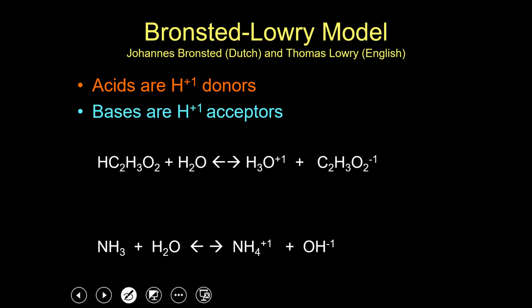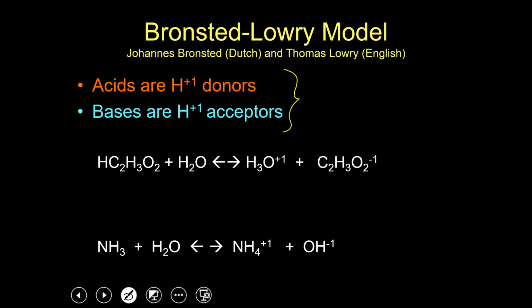that we don't need to wipe out the definition of an Arrhenius acid and an Arrhenius base. I mean, that makes it really easy to identify an acid or a base. If something has H plus 1 ions, it's going to act like an acid. If something has OH minus 1 ions, it's going to act like a base. But we needed to add to that definition and include compounds that behave in these ways right here.